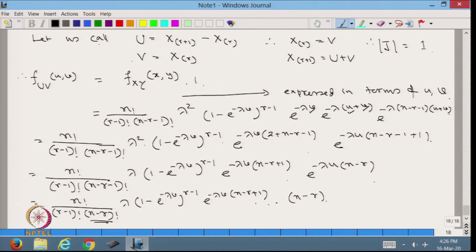Then one of the two lambdas, one we have kept here and the other will come here, multiplied by e to the power minus lambda (n minus r) u.